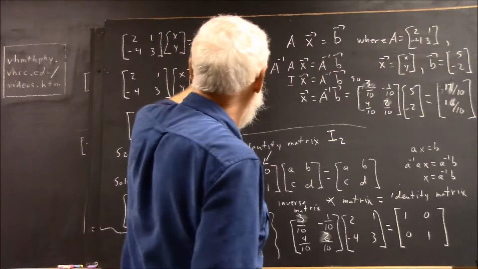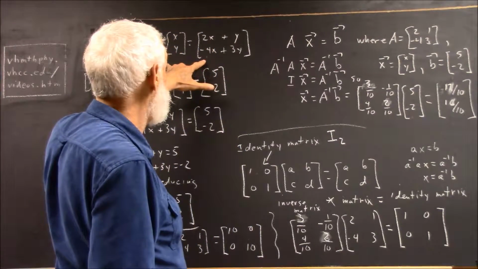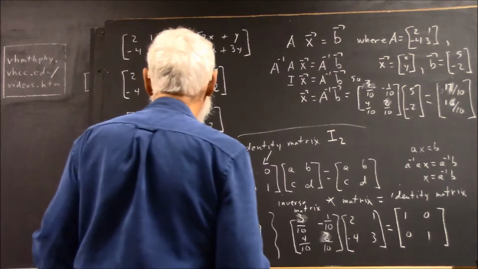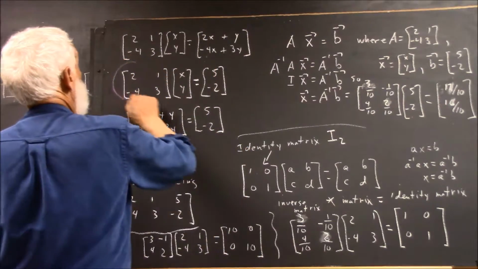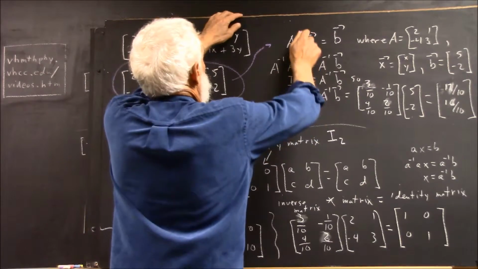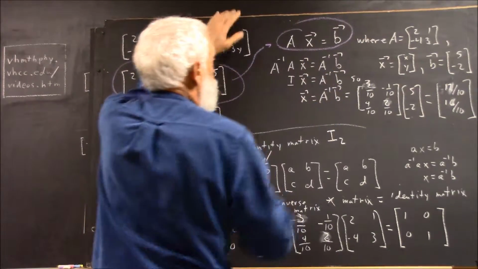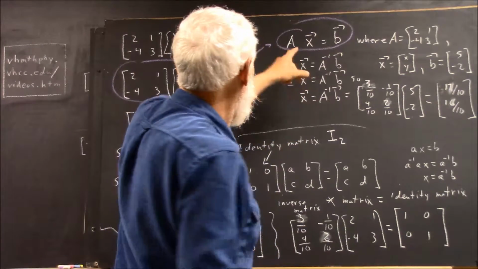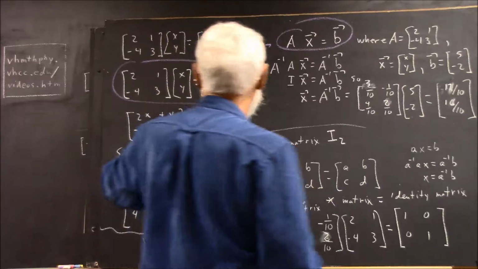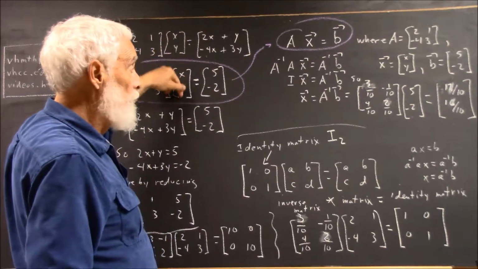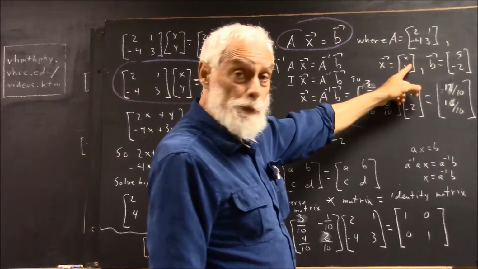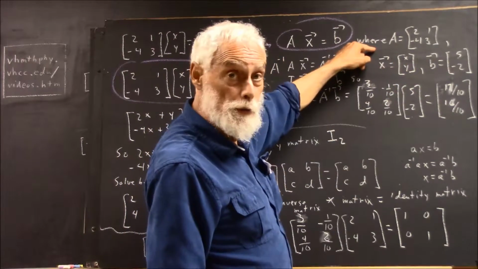This is this equation, and I think I might have pointed to it wrong before. This is this, where A is the 2, 1, -4, 3 matrix. X is the column vector xy, and that takes a little bit of explanation. This x is not the same as this x because this x has an arrow over it.